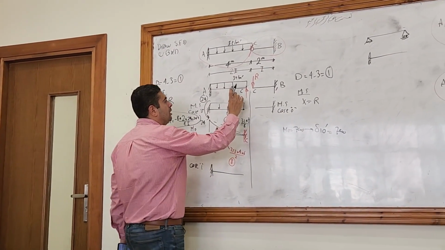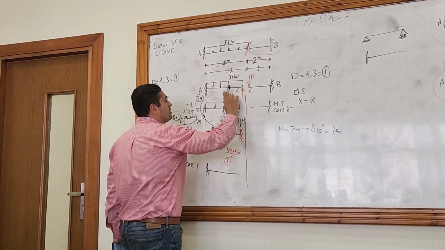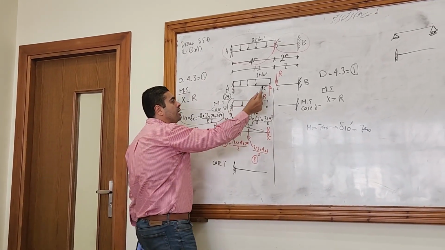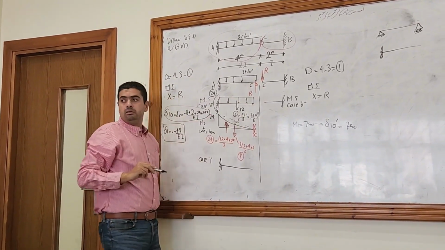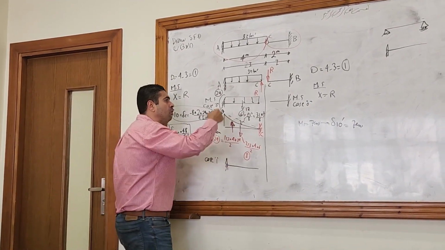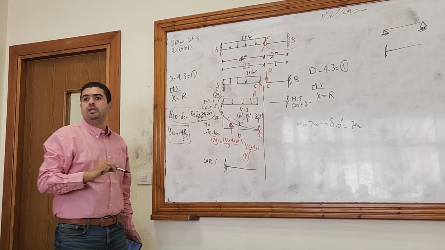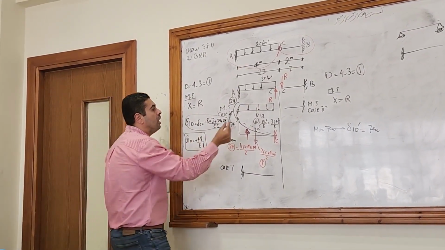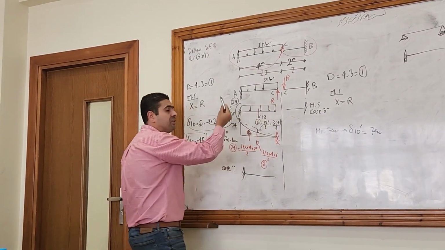Okay, take care. You have the decision here to put the R upwards or downwards. In case 1, you have to follow the same criteria you decided from the beginning. So you decided that the R will be upwards for the left hand side.